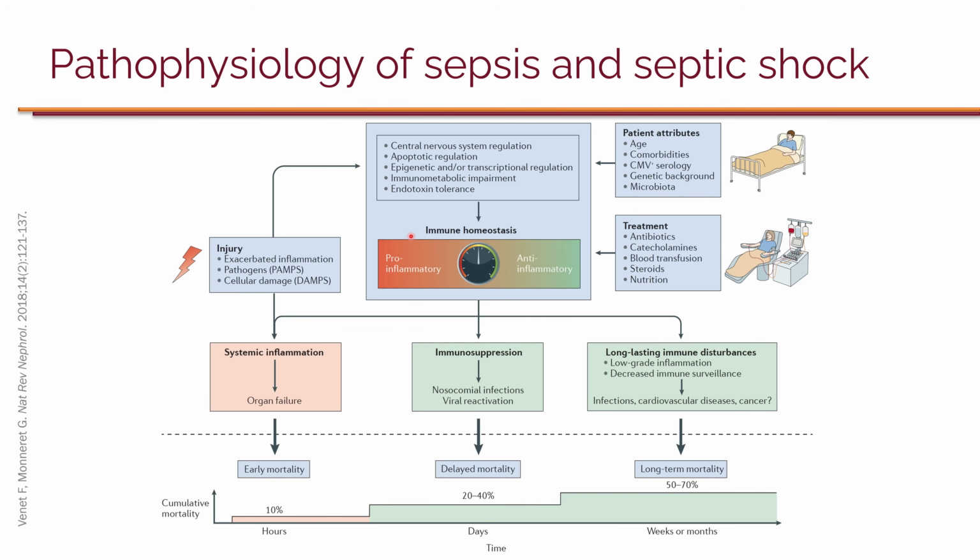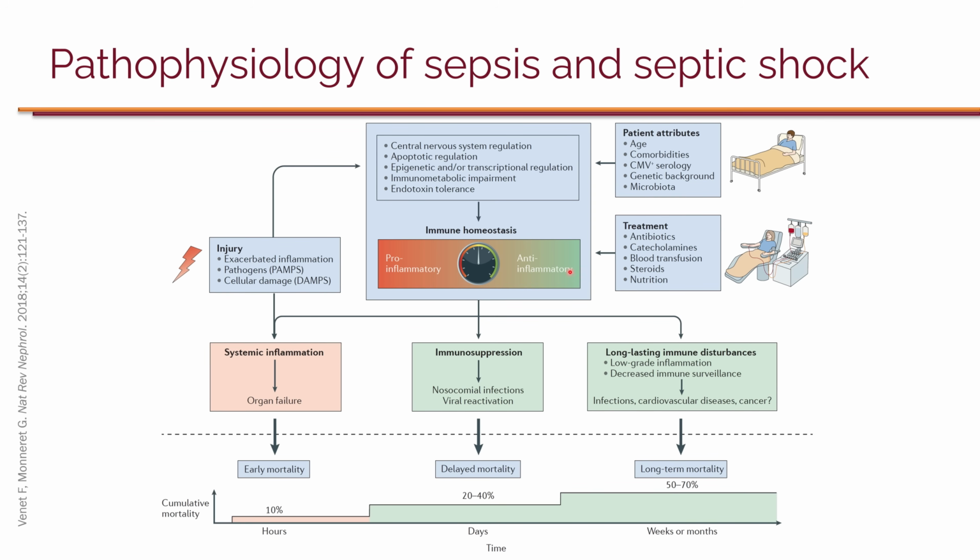that can be problematic in these patients. So when you look at the timeline as the patient's sepsis develops, early on there will be systemic inflammation that can lead to organ failure. So you have some early mortality as a result of that. So this happens within hours.